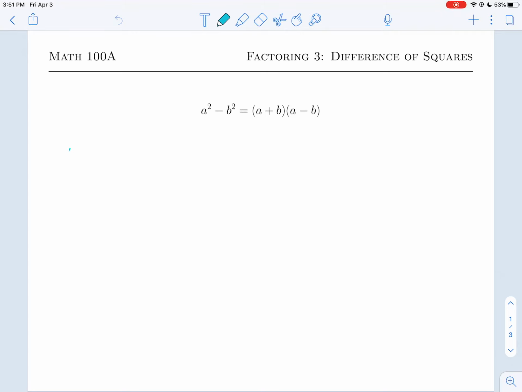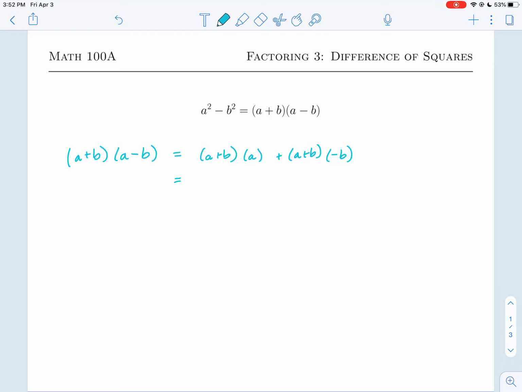So let's go ahead and actually start with the right side of that rule. I'm going to start with that a plus b times that a minus b. And we can go ahead and multiply this out. Right, so let's start by using that distributive property, distribute that a plus b to both of those terms. So I'll have a plus b times that a, and then I'll have a plus b times that negative b.